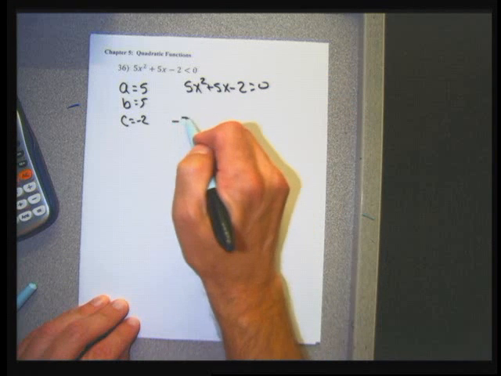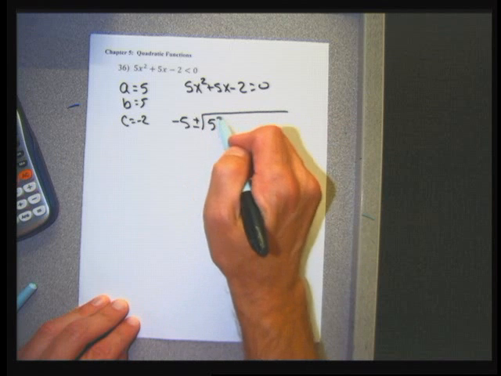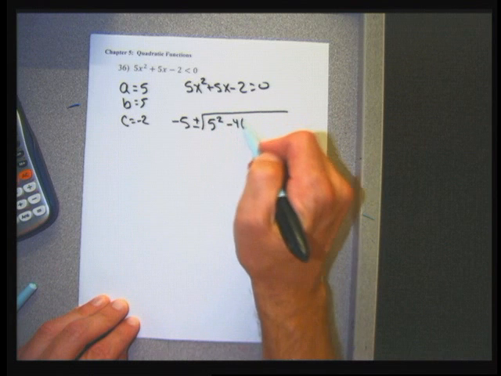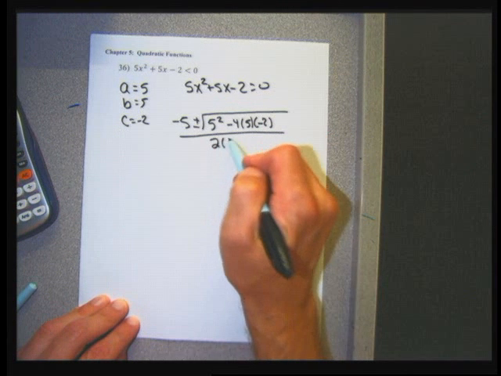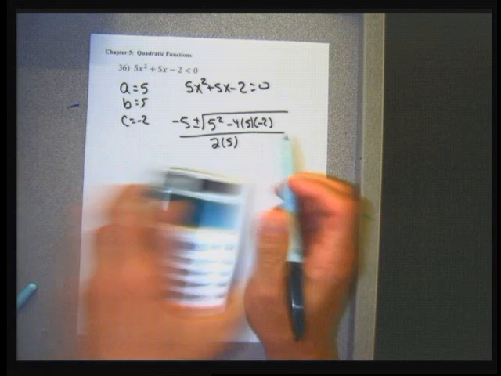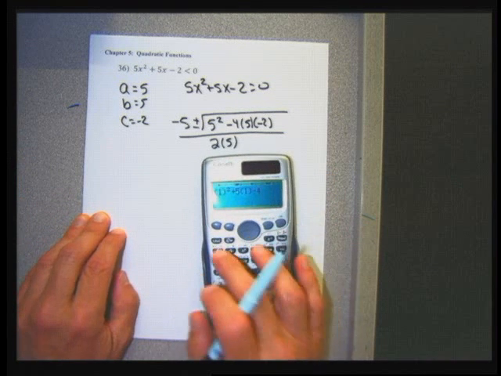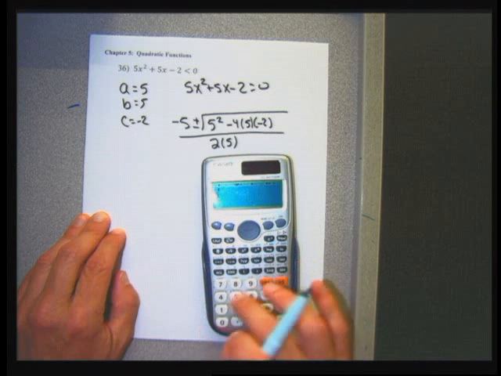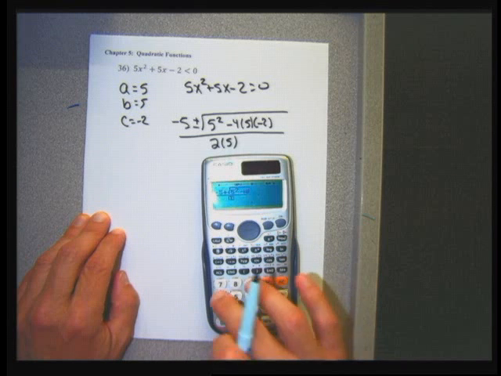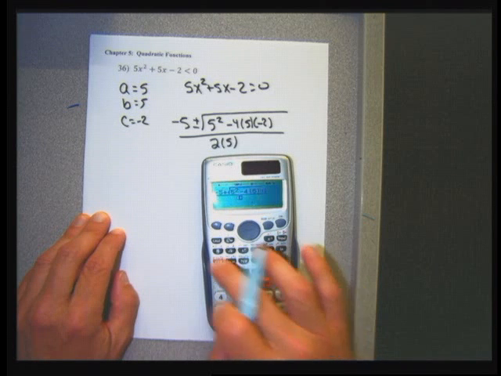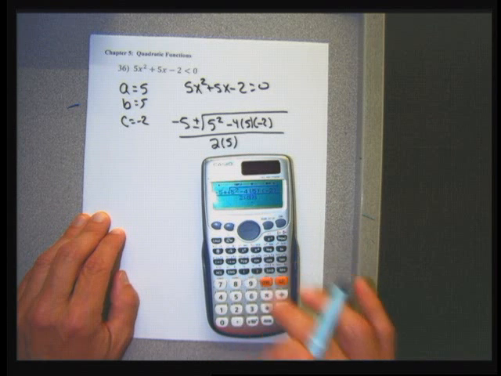So I'm going to go negative 5 plus or minus the square root of 5 squared minus 4 times 5 times negative 2 all over 2a, which is 2 times 5. Calculator time. I do not want to do this by hand. This section would be really unpleasant without a calculator. So negative 5 plus square root 5 squared minus 4 parentheses 5 parentheses negative 2 all over 2 parentheses 5.